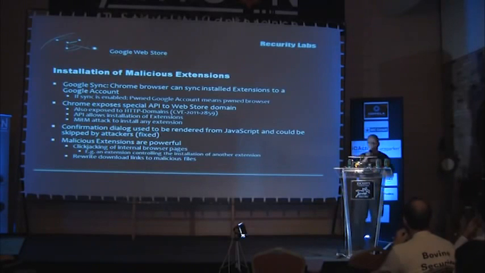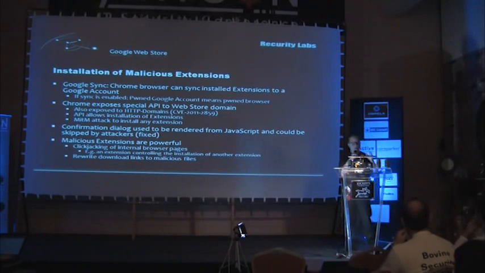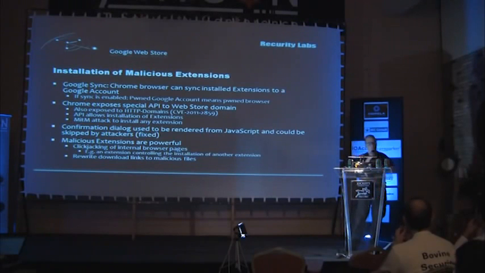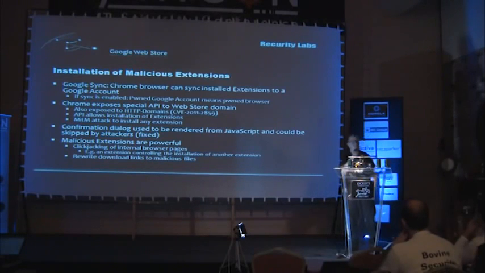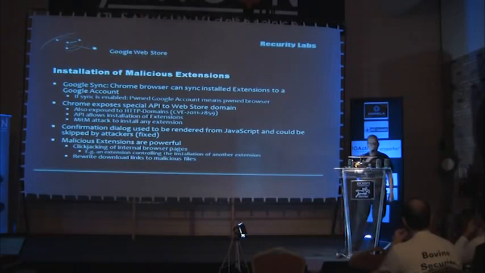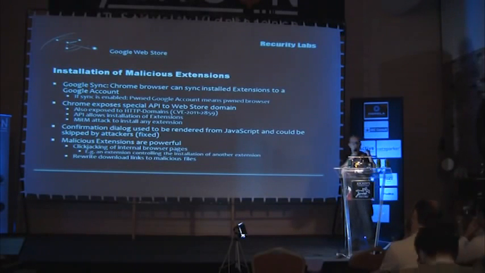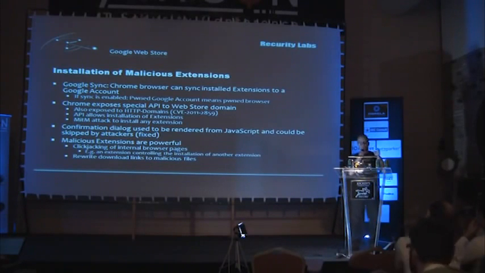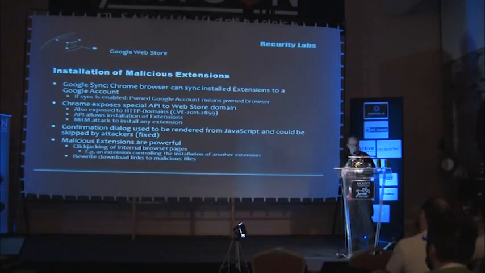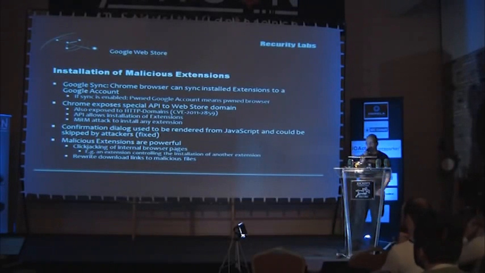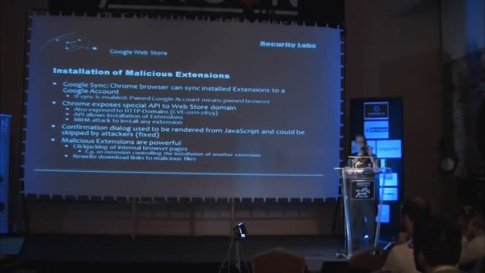They had an issue, what we found, that they had HTTP domains within their whitelist, so you could inject HTTP. Very similar to Apple, and have them download and install extensions. The confirmation dialog that says, yes, I want to install that, was implemented via JavaScript. So the extension could click itself on the dialog and say, yes, install me.